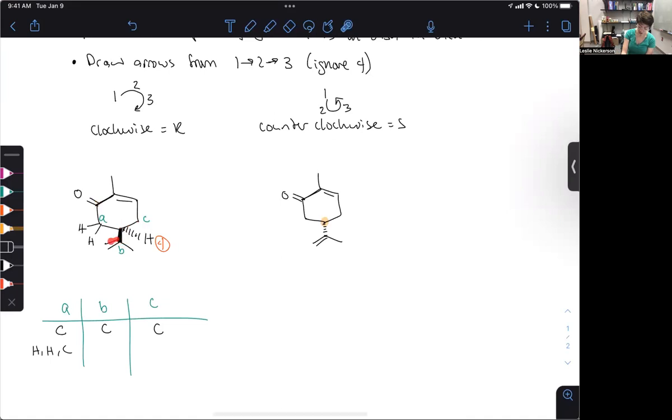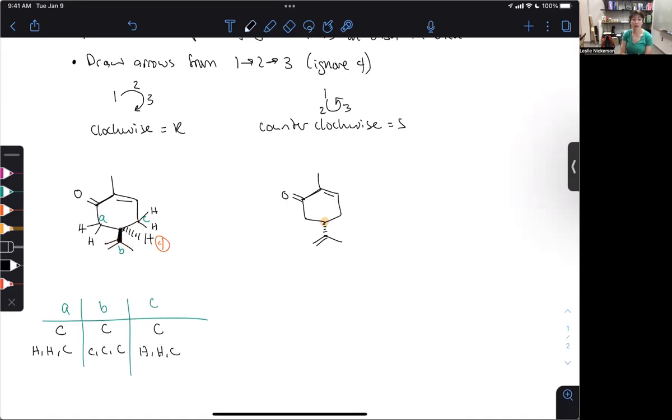That's a carbon, carbon, carbon. So we're going to have 3 carbons on that guy. And then for C, we've got another situation of H, H, and then C. Okay, so H, H, C.